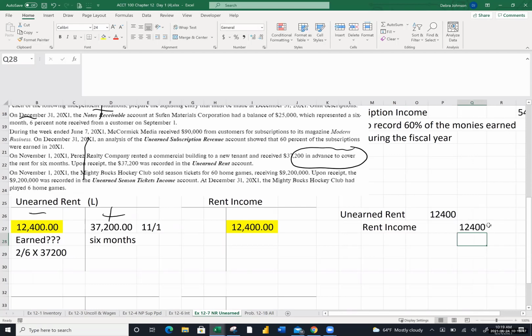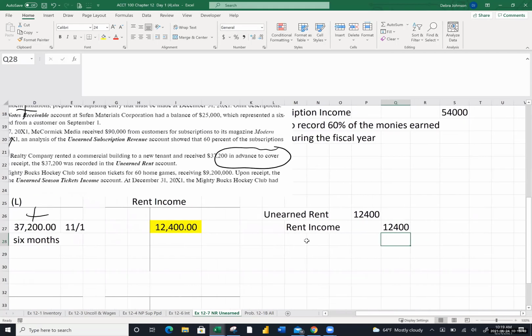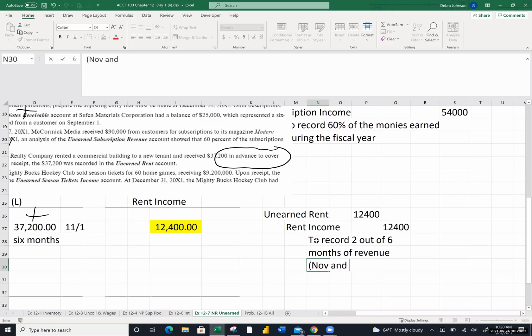I'm going to leave myself a description because I'm leaving a historical document of what happened: to record 2 out of 6 months of revenue. And the way we got 2, November and December, have now been earned.